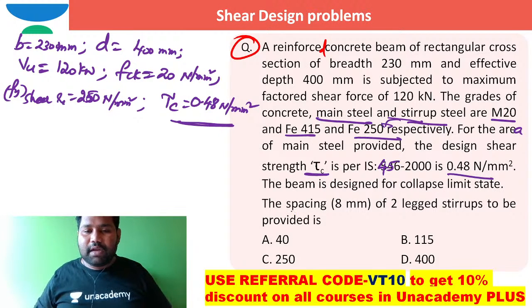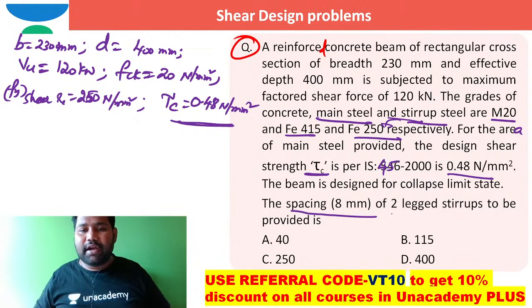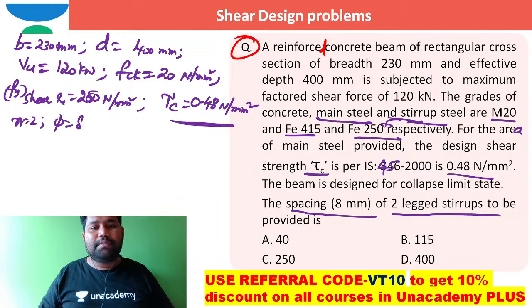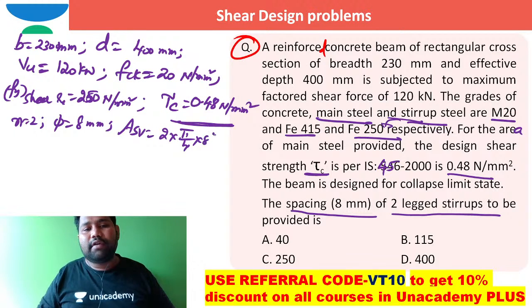They are asking for the spacing of 8 millimeter diameter two-legged stirrups to be provided. So the number of legs n is equal to 2, and the diameter of the stirrup is 8 millimeter. In such case Asv is equal to 2 into pi by 4 into 8 square.